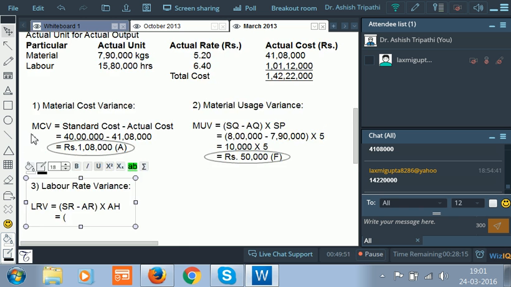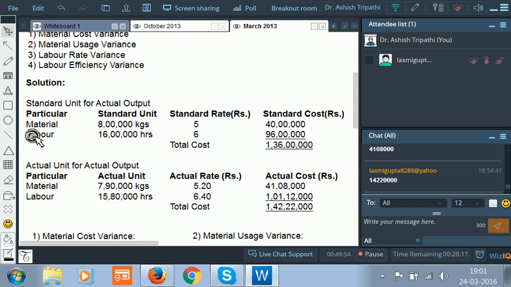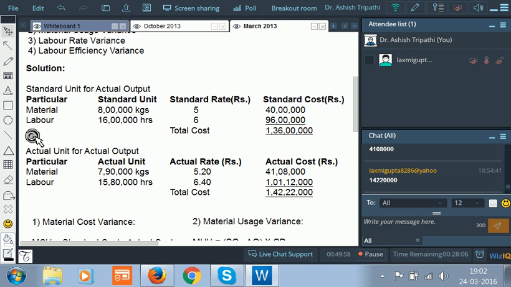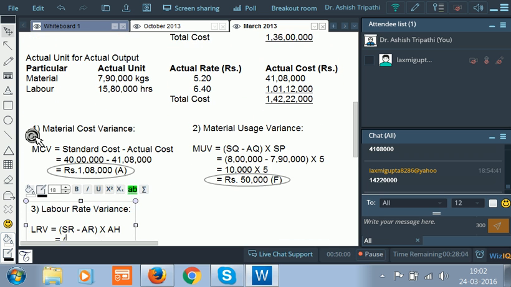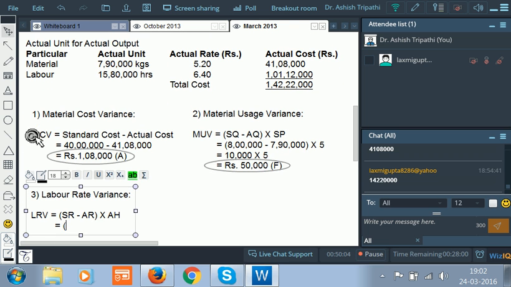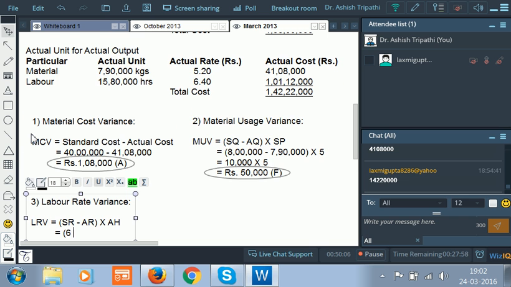Let us put the value. Standard rate for labor is 6 minus actual rate is 6.40 into actual hour.